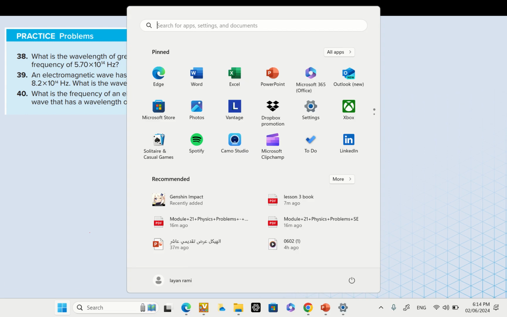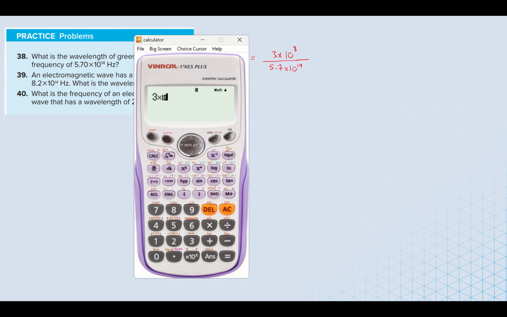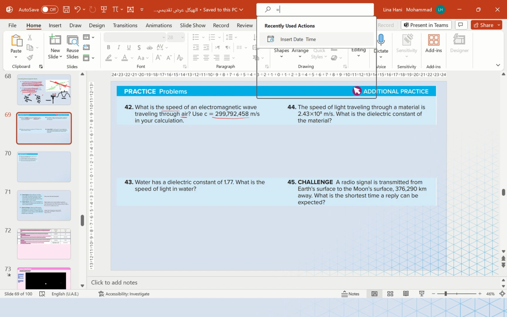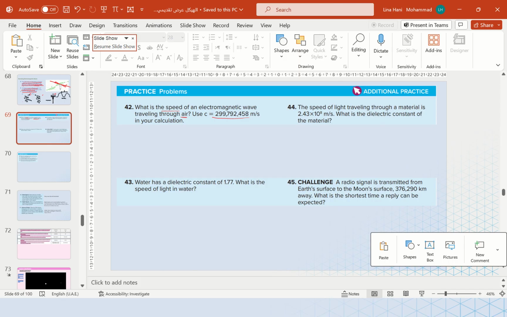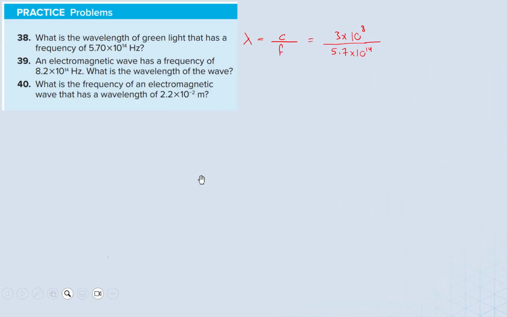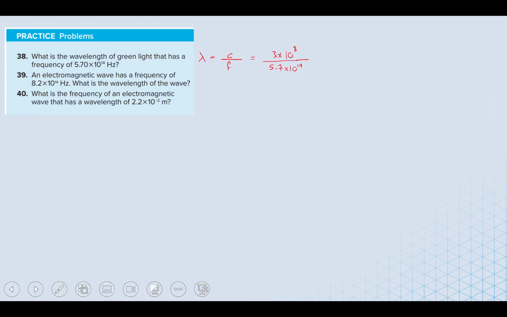Using the calculator, that's going to give you 5.2 times 10 to the negative 7. That's because we have 5.26, so it's about 5.3 times 10 to the negative 7.